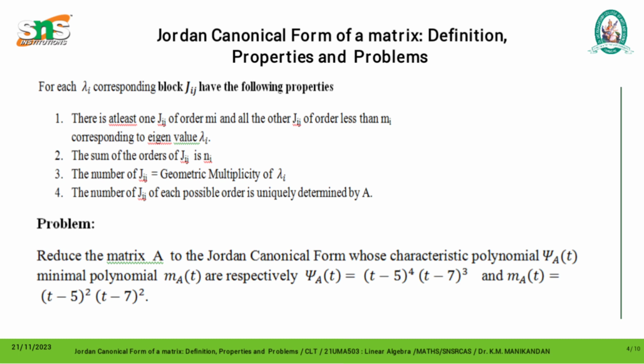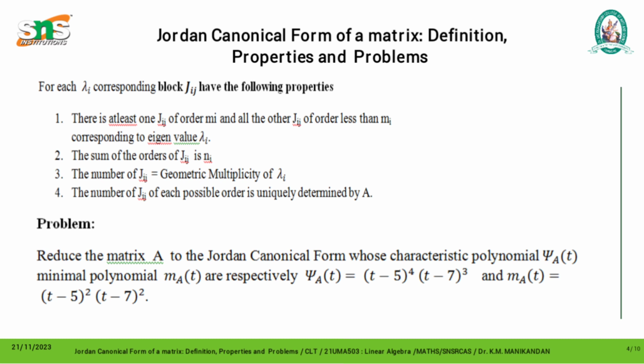So the Jordan blocks will have the following properties. The Jordan block is denoted by J i j. Here the Jordan block is formed for the ith row and jth column.